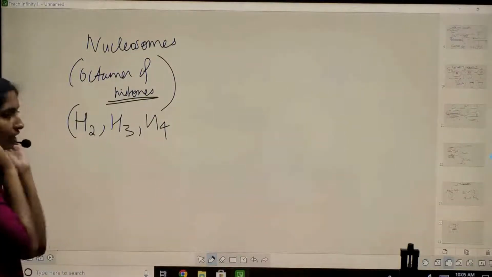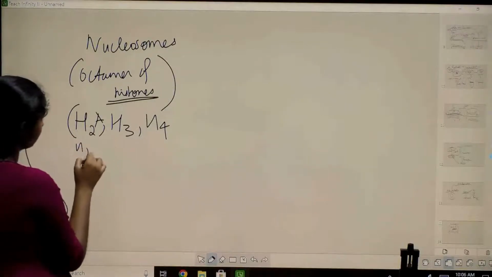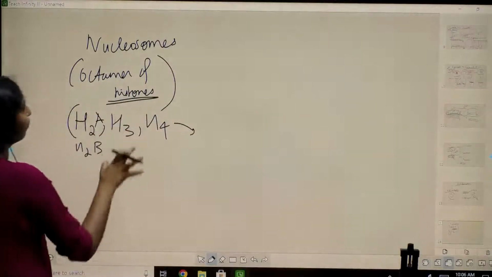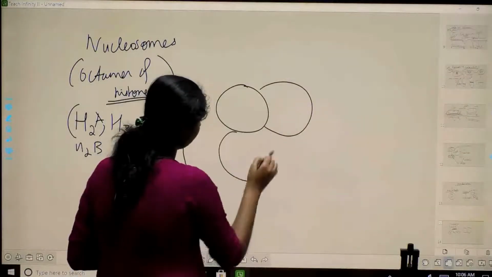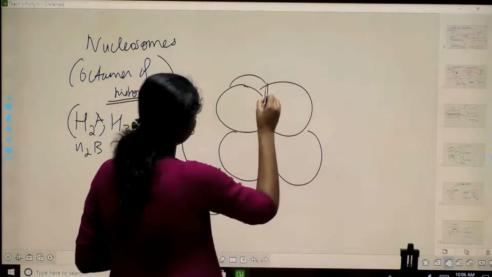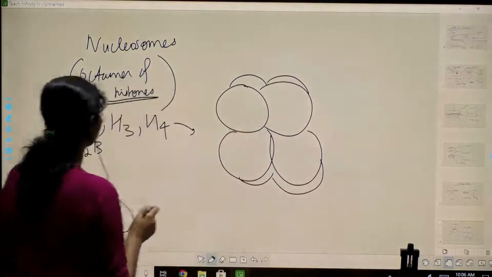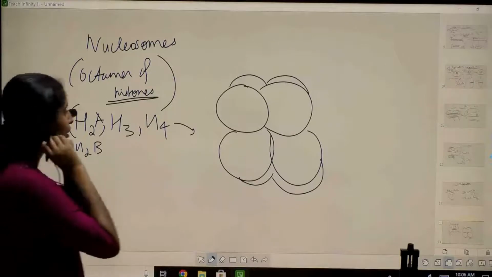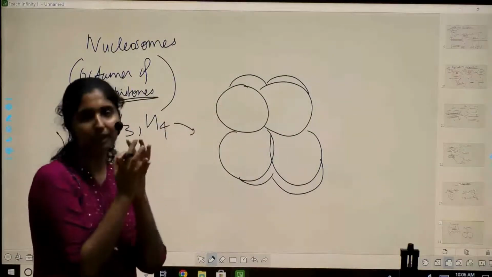So these 3 are involved. H2A is there and H2B is there, right? So all these 4 types are involved in the formation of nucleosomes. And we have 2 of each. So all these 4 types of histones come together and form a nucleosome.